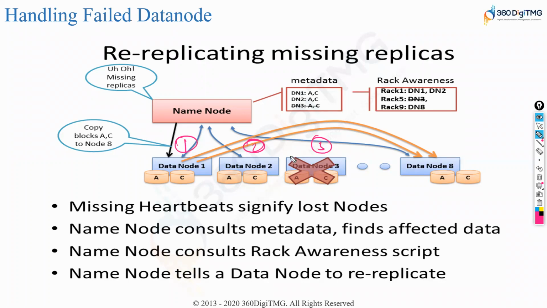But because of some reason, this node crashed. So immediately the name node would make sure that replication is maintained here. So this becomes the 3rd copy. But at any given point of time, 3 should be there.